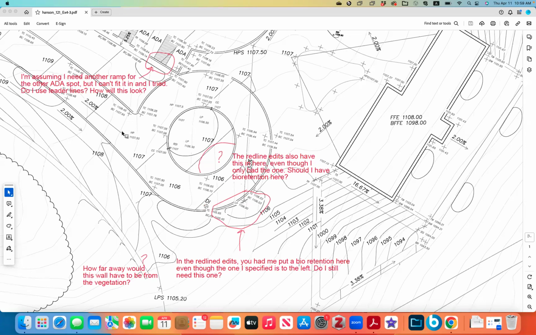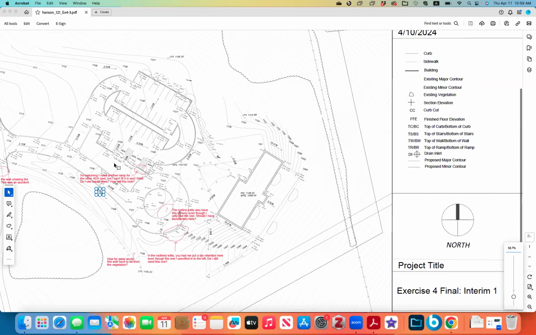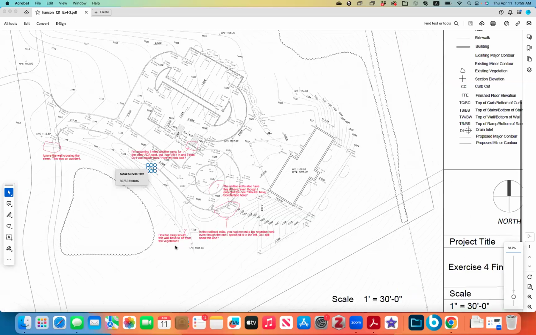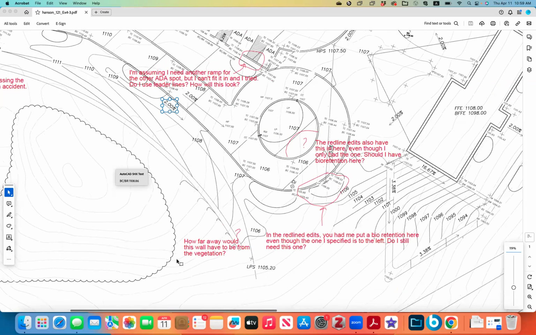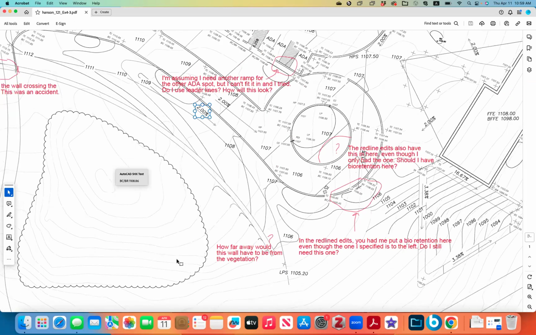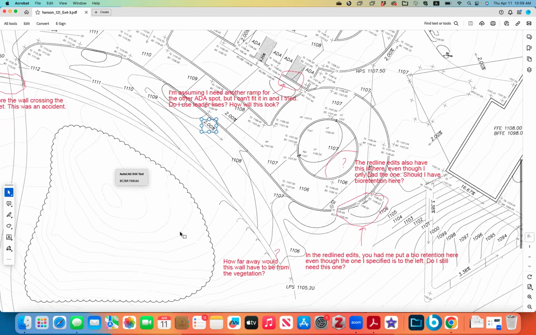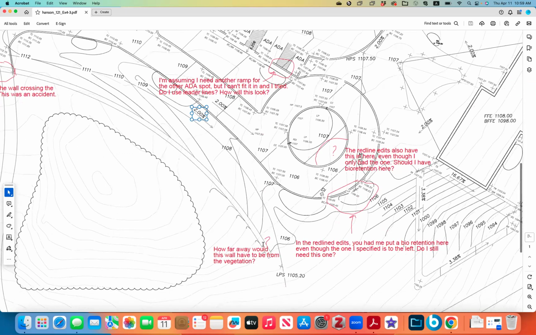Let's see. How far away? Well, you have enough distance between the wall and the vegetation, but I doubt that you need all this wall length. You would want to try to connect this contour, for instance, the 1107, let's find where 1107 is.